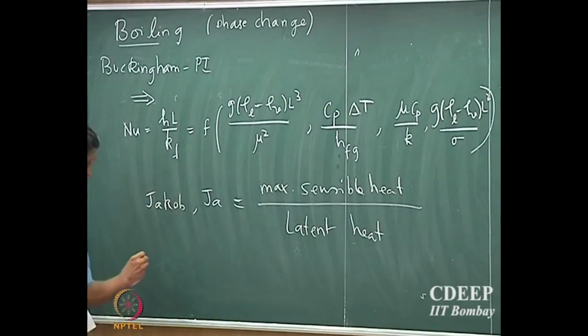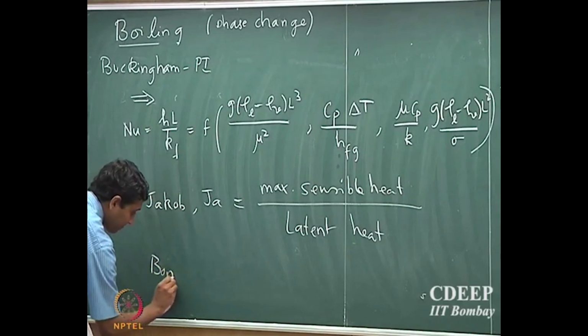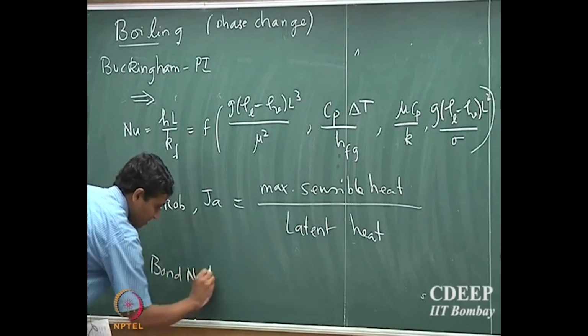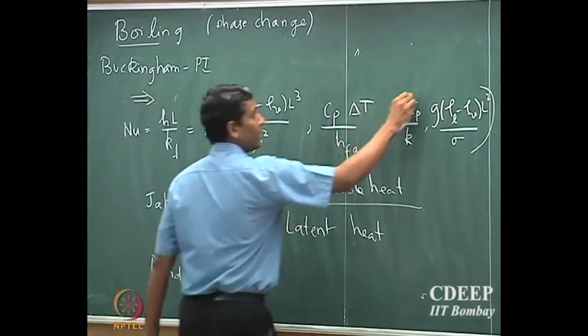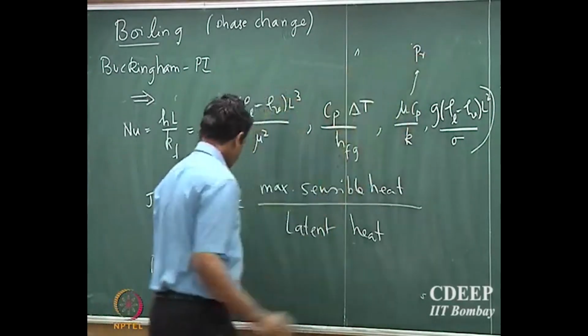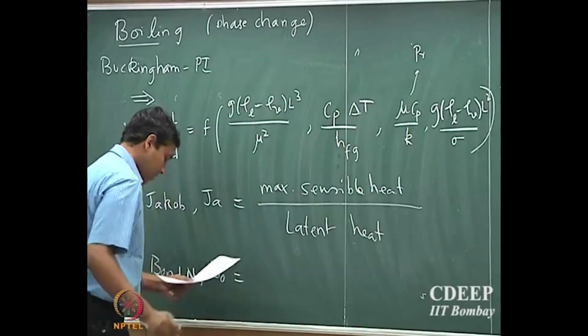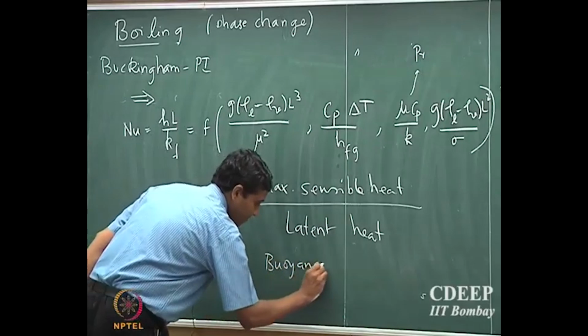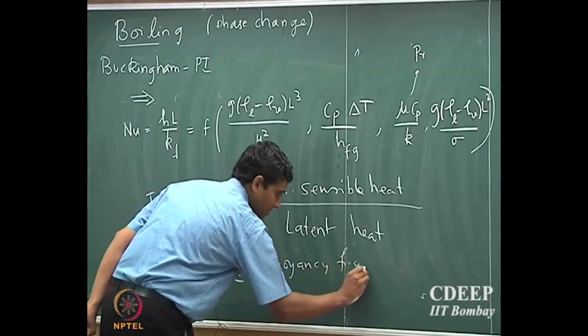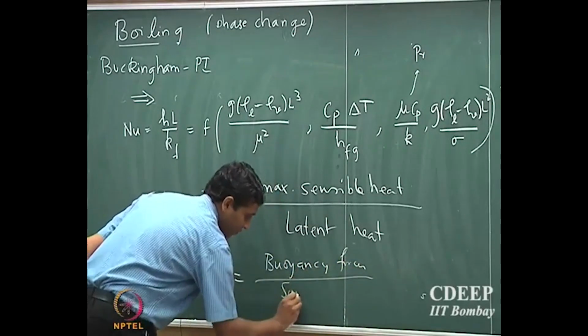Okay. So, the last one is called the Bond number, Bo. This is Prandtl number, you know that. Bond number is the ratio of buoyancy forces to surface tension forces.